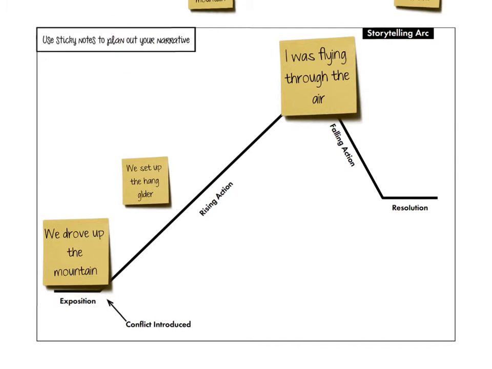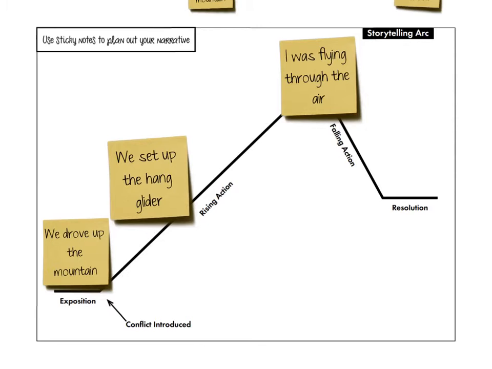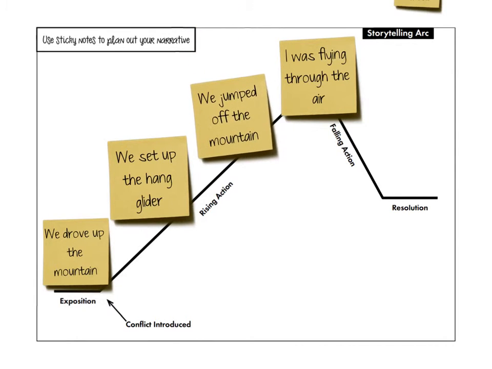Okay, so next, we start to go up the mountain. We start setting up the hang glider. Okay, that was a really important part, right? Because if we didn't set it up right, then that would be bad news for me. Okay, then we jumped off the mountain, okay? Now, as I look at this, I kind of want to revise this, because jumping off the mountain and flying through the air was awesome, and that's what my picture is about.